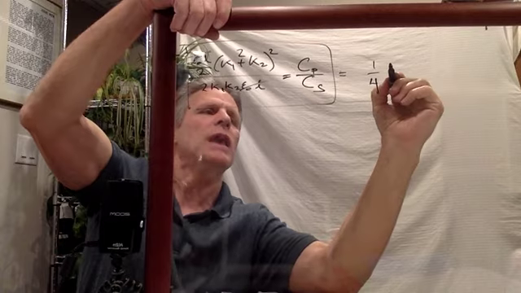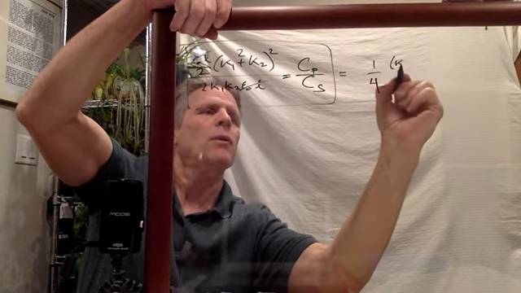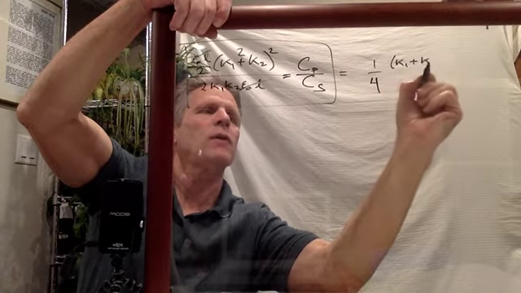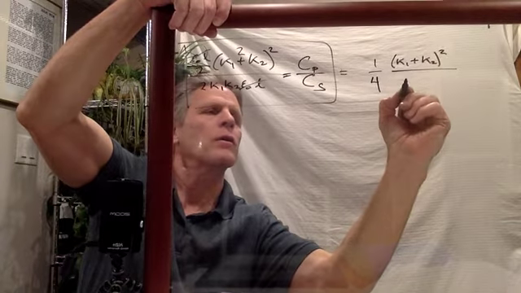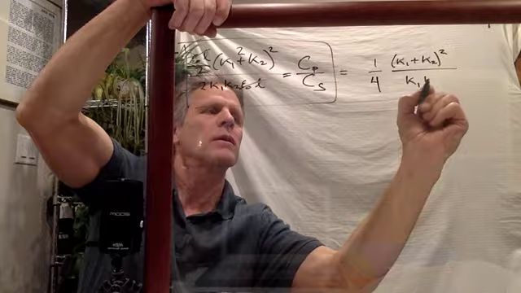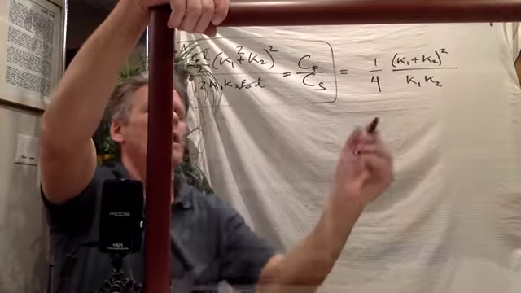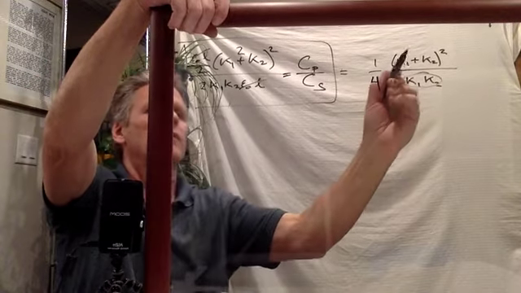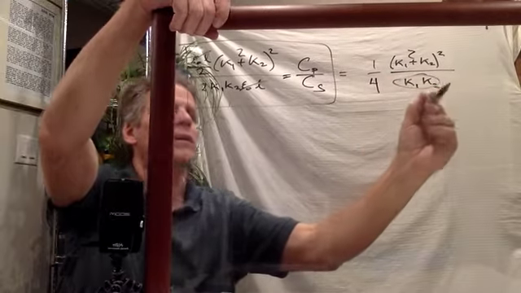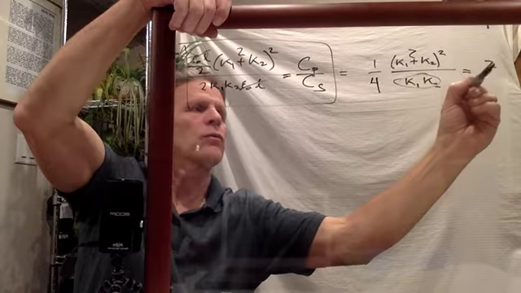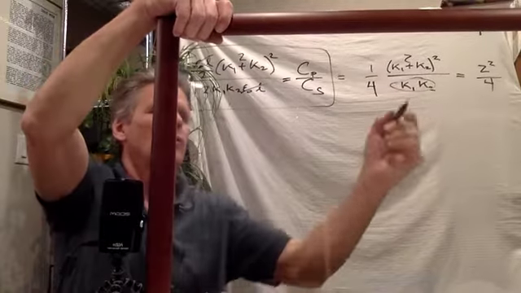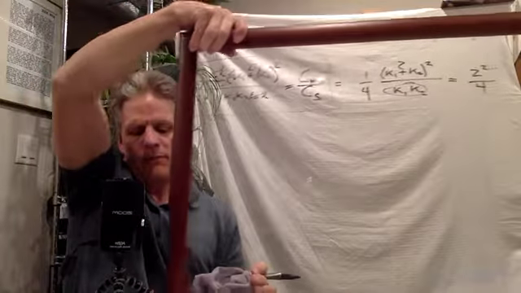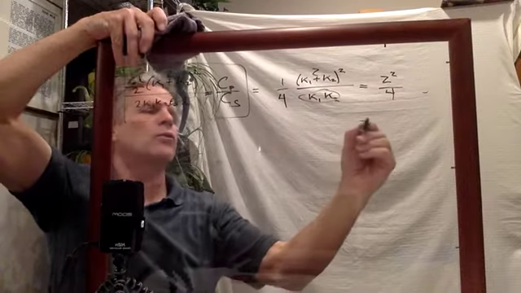And so what we really have is kappa 1 plus kappa 2 squared over 4 kappa 1 kappa 2. This is equal to 2 squared over 4, which is equal to 1.